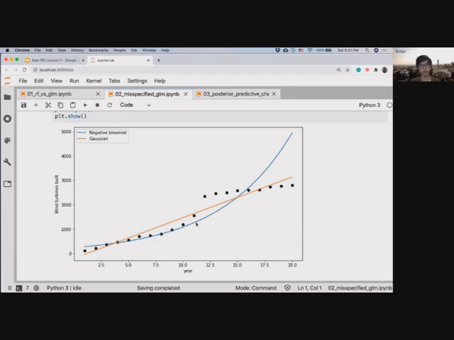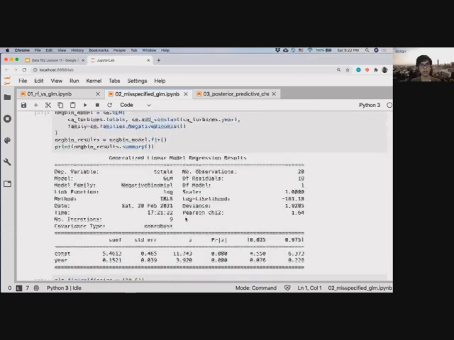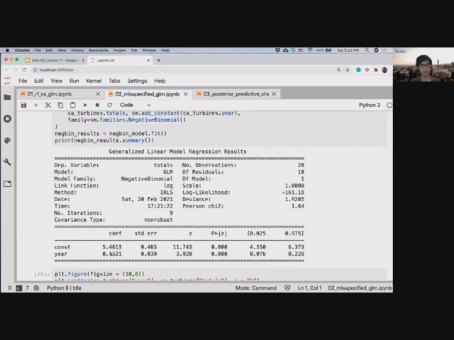And if you try to interpret them, right, so if you try to interpret the negative binomial model, as we tried to do for the OK wind turbines data set, we're going to get something that's kind of nonsense, right? So let's see what the coefficient is. Yeah, so it says the coefficient is 0.15.